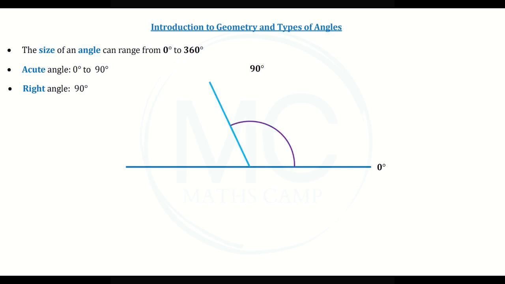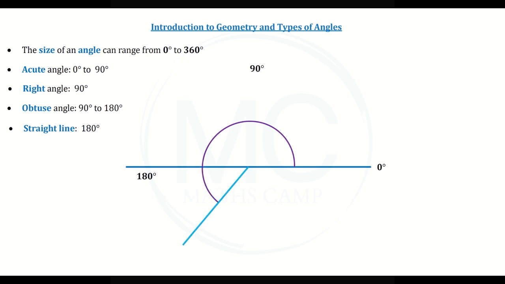If we carry on rotating this line so we can create a longer straight line, we now have a 180-degree angle. If we have an angle greater than 90 degrees but smaller than 180 degrees, we call this an obtuse angle. Remember that any straight line always creates a 180-degree angle. We can carry on rotating our line until it becomes perpendicular to the original line once again.